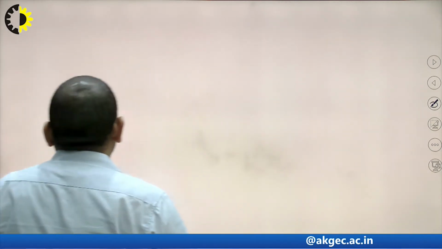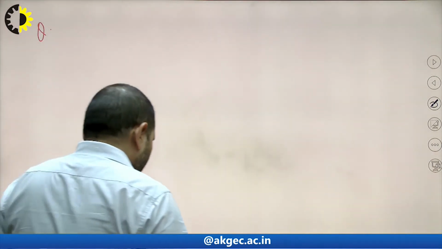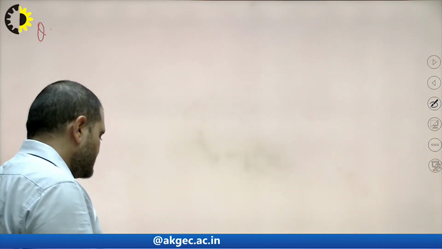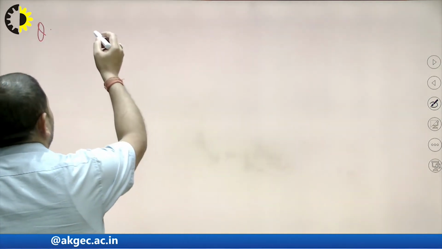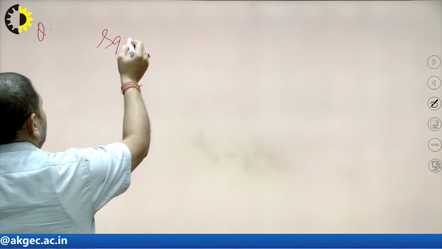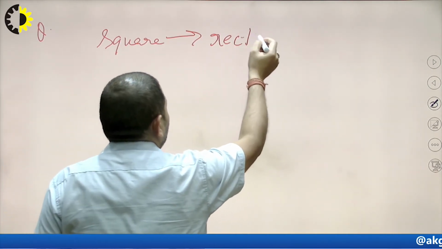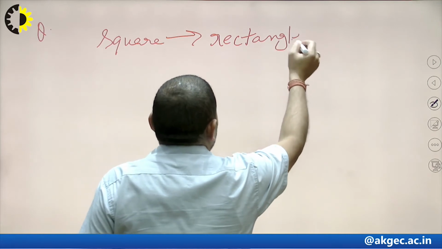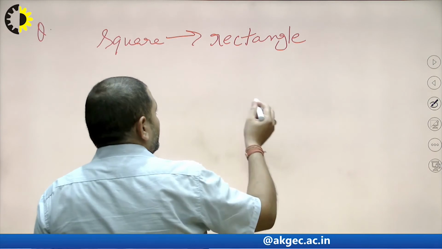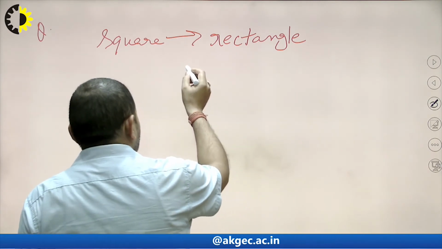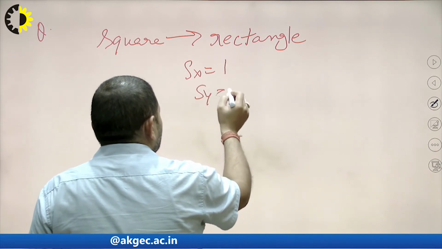So the question is to determine a 3 by 3 homogeneous transformation matrix to change a square into a rectangle. A square is to be changed into a rectangle with a scaling factor, that is Sx equals 1 and Sy equals 2.